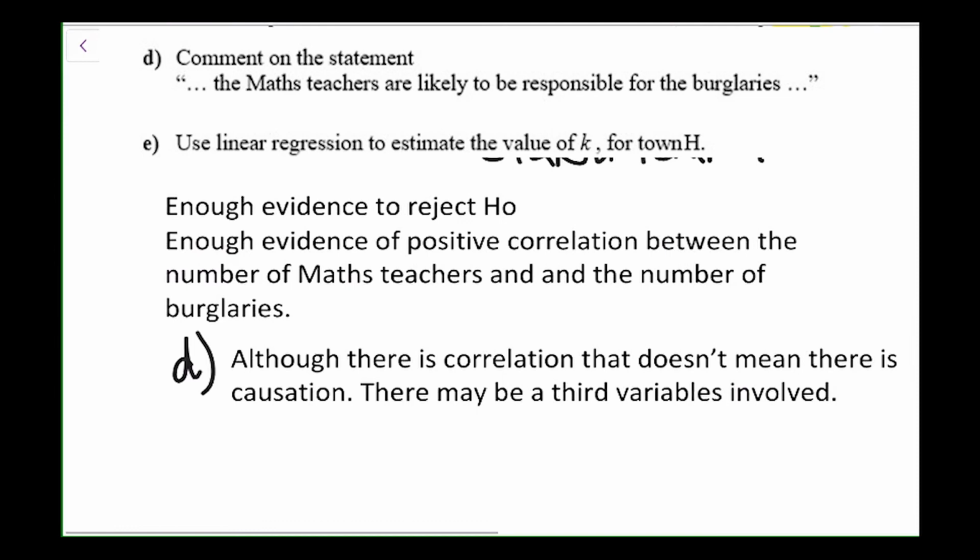It doesn't mean that these burglaries are funding the building of gyms. These things are not connected directly. There's a third variable that is causing these independent variables. Okay, so just look out for that. Even though we've tested and we've demonstrated that there is correlation between them, correlation is not causation. There is usually and likely to be a third variable involved.